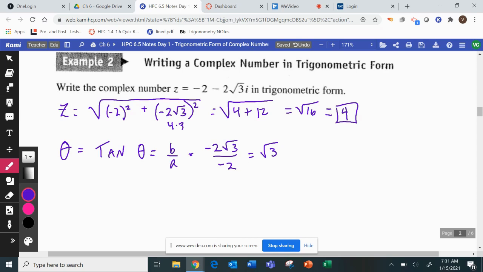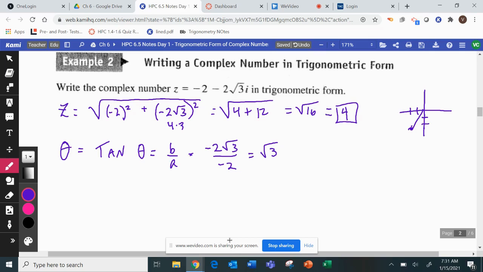Before I can answer that, I need to know where (-2, -2 square root 3) is. I don't know how far that's going to put me, but it's in the third quadrant. So we're going to find a theta in the third quadrant that gives us tangent of square root 3. This is one of the ones that we should know.